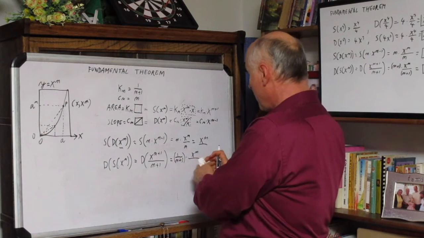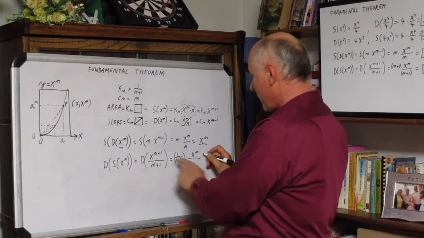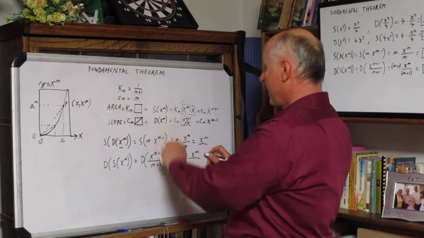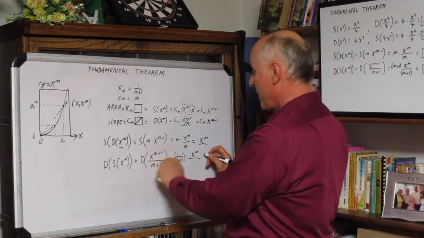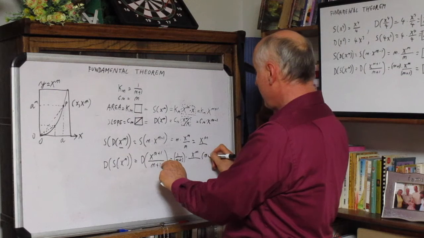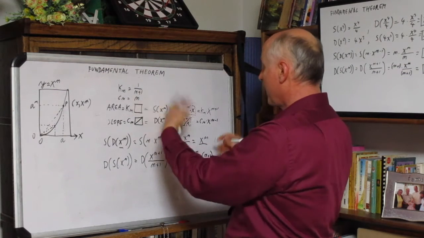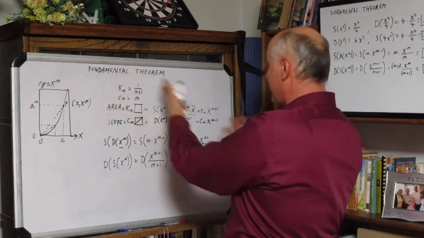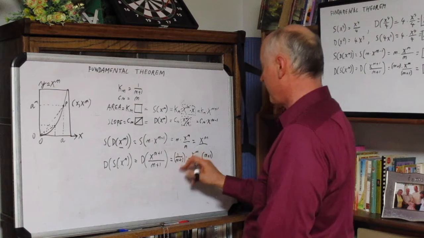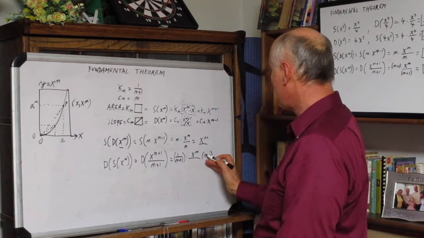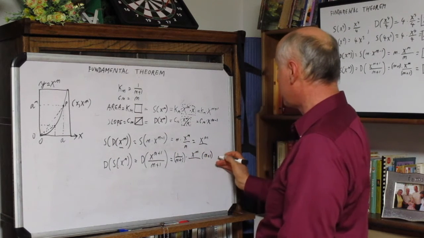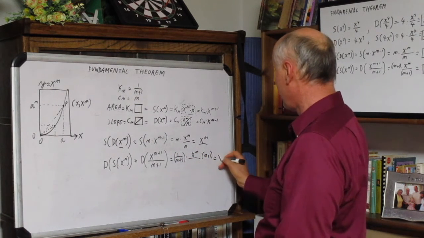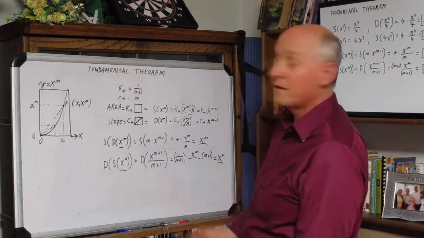Also, we multiply by the factor n plus 1, which is part of the derivative. So again n plus 1 cancels n plus 1, and you end up with x to the n, the same function.